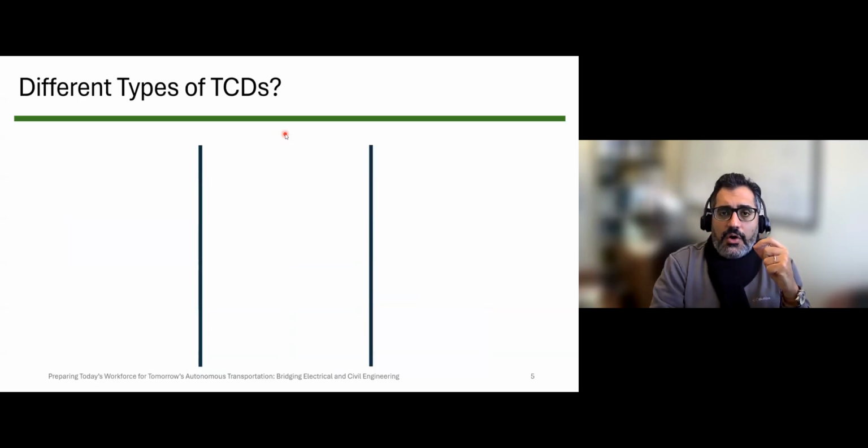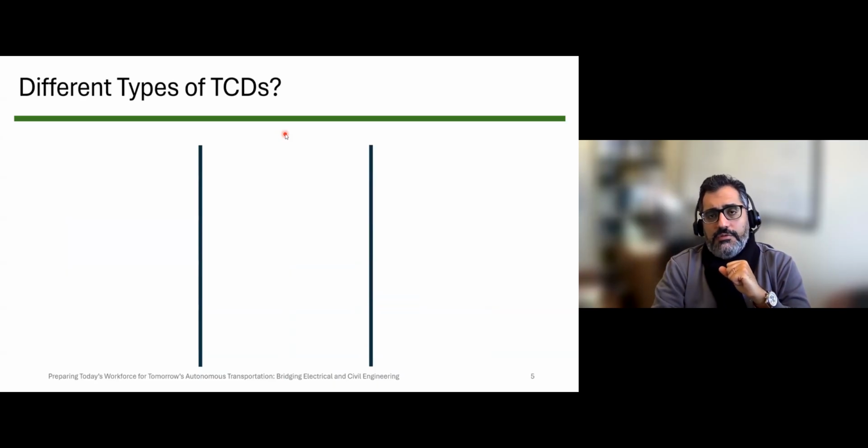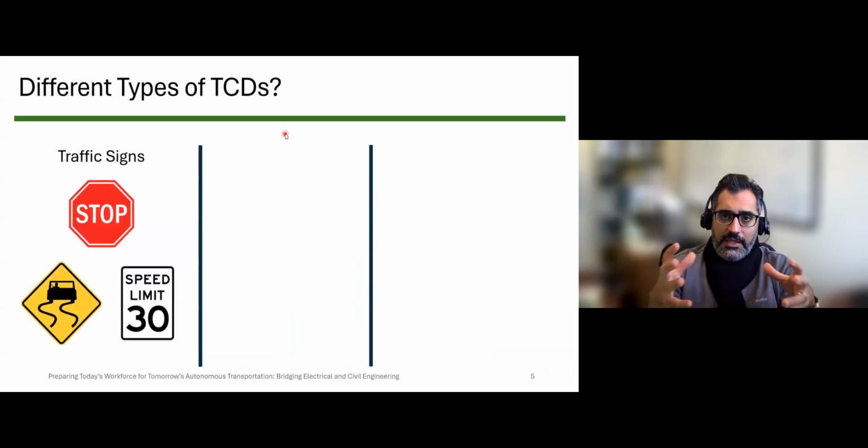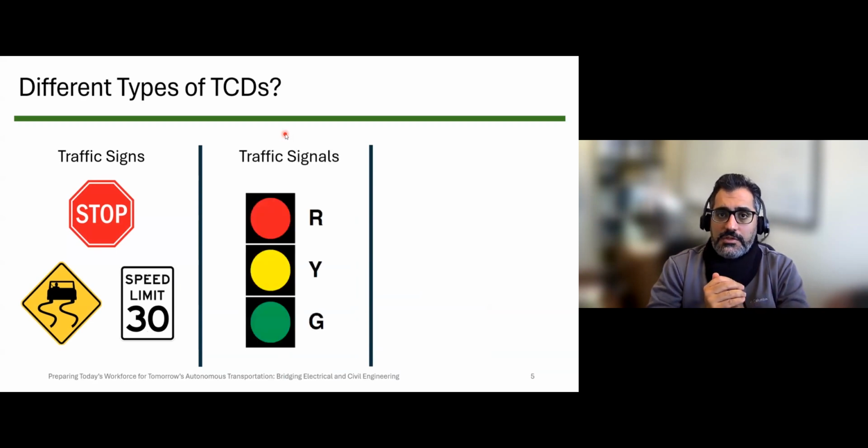With that, there are three main TCDs, traffic control devices, defined in MUTCD. Traffic signs are a static way of communicating a message with road users, like a stop sign, like speed limits. Traffic signals, this famous alternating three indications of red, yellow, and green, with red being the prohibition, to stop, yellow to warn, and green to allow movement.